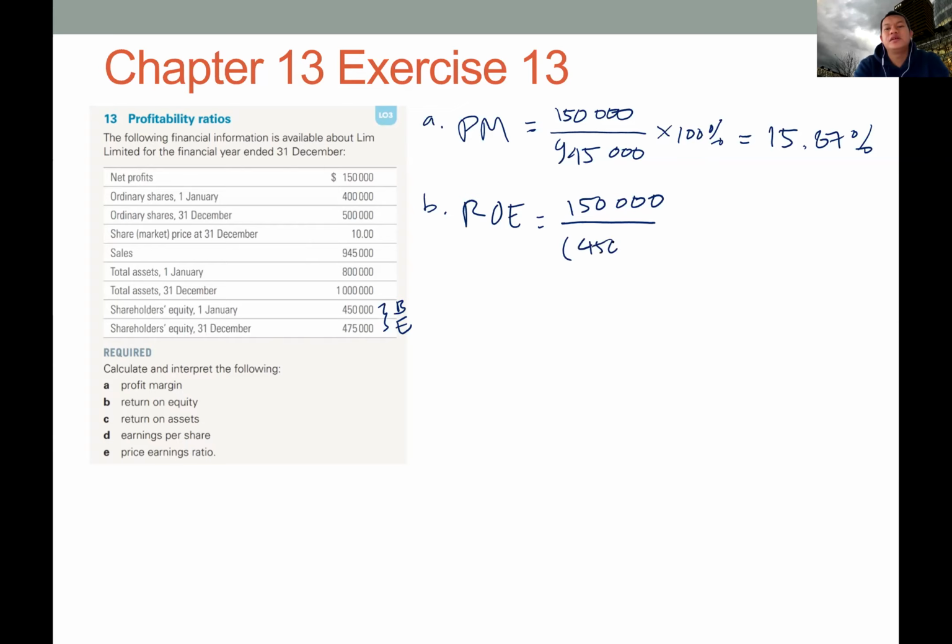So 450,000 plus 475,000 divided by 2, and then multiply by 100%. We get the return on equity, which is 32.43%.